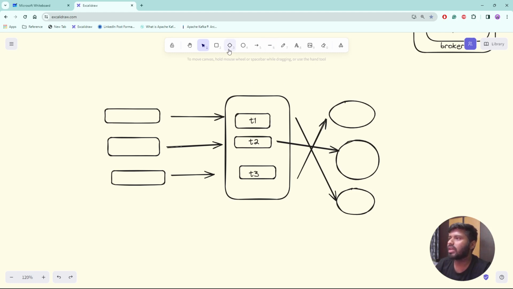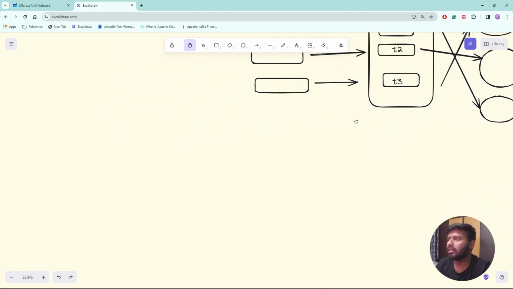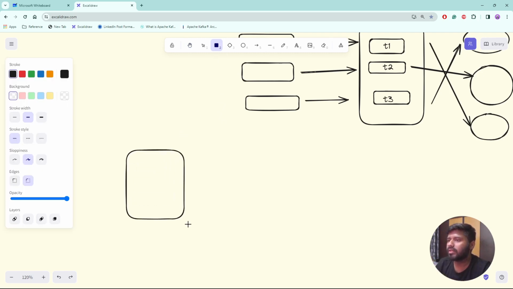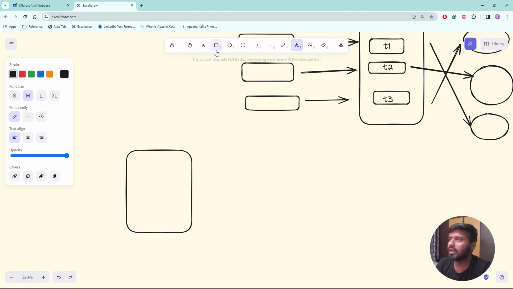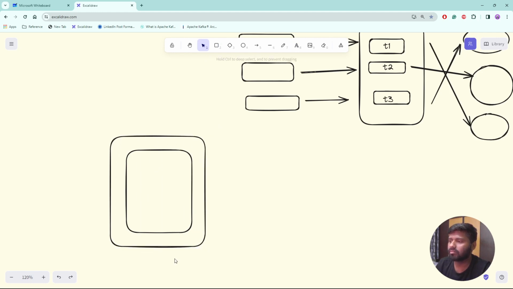Now, if I take out this topic into some other diagram and try to understand how internally a topic manages our information or messages and how it looks, say for example, this is one of my topics. So we are within the Kafka cluster. For our understanding, let's say I'm making one more box over here.